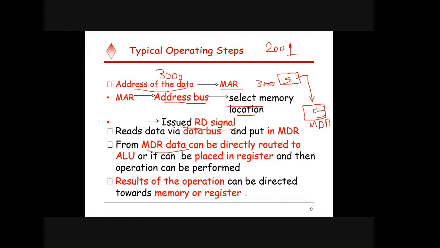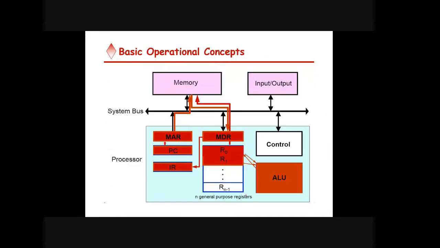After that, the control unit should issue a write signal, and at that time the data present in R0 will be copied into the corresponding memory location. So the result of the operation can be written directly into either a register or the memory. This is all about the execution sequence of the instruction.